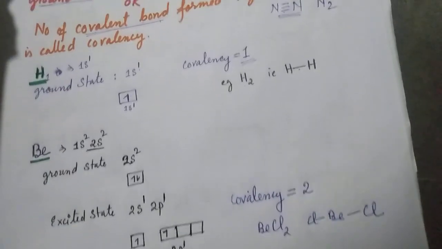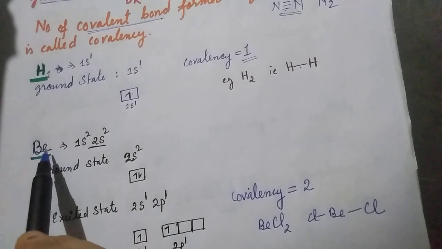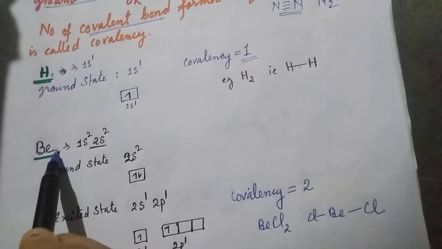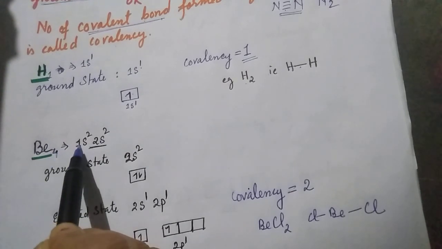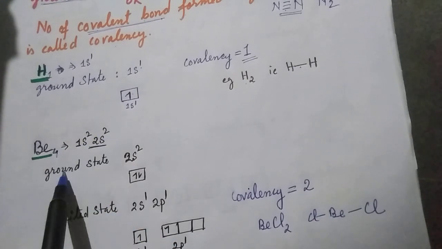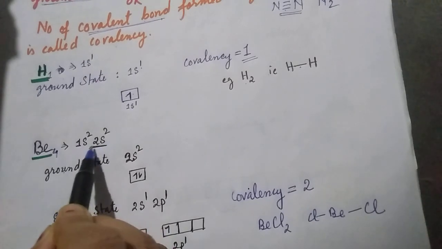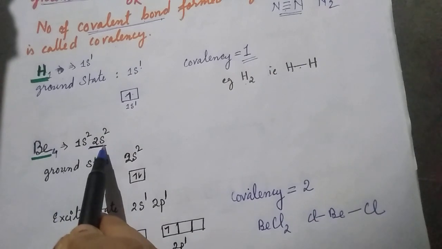Let us take another example, that is beryllium. Hydrogen 1, helium 2, lithium 3, beryllium 4. So how many electrons will be there? 4 electrons. 1s 2 electrons, then 2s 2 electrons. In the ground state, I will always consider the outermost shell, because the outermost electrons are involved in bonding.